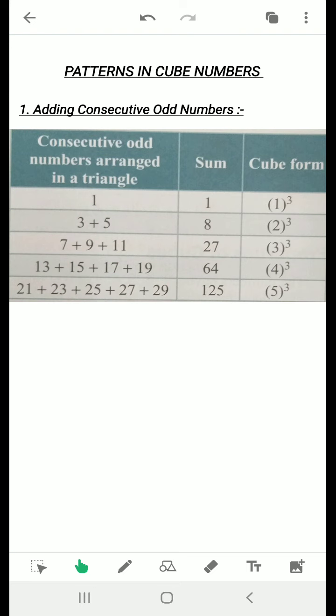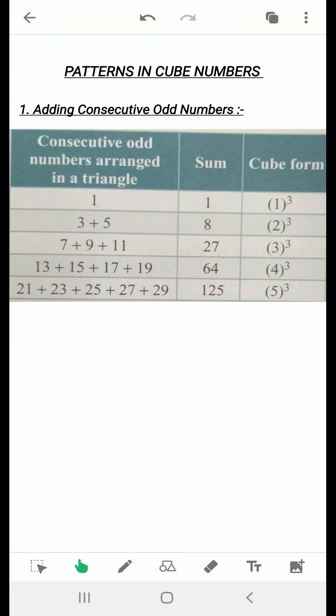So adding consecutive odd numbers: if we take the first odd number, that is 1, it is the cube of 1. If we take the next two odd numbers, 3 plus 5, that is 8, and that is the cube of 2. If we take the next three odd numbers, 7, 9 and 11, it will be 27, which is 3 cube.